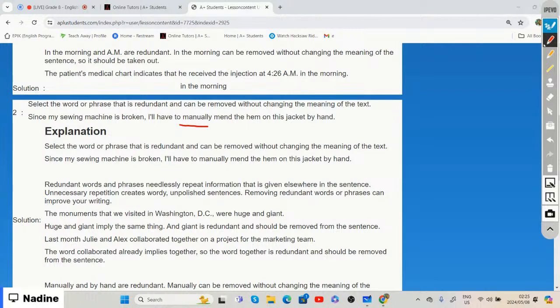So by hand is already the same as manually, so we will remove manually from that sentence.